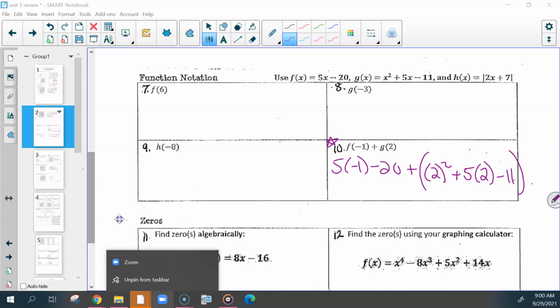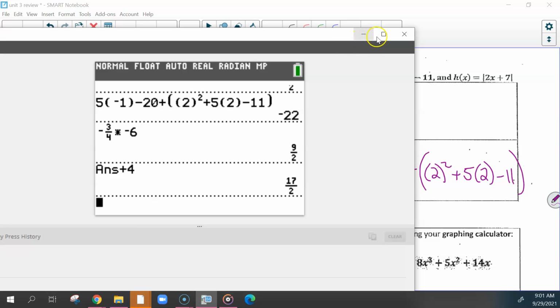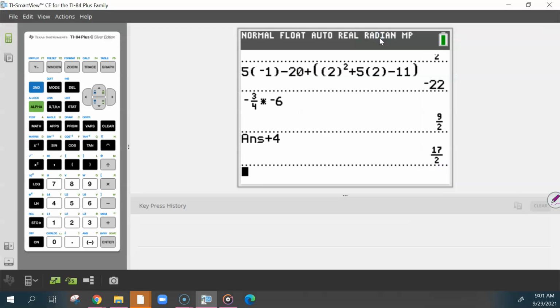Hold on now. Double parentheses. So I'll show you what that looks like. I did this in second period yesterday, so mine is up here already.